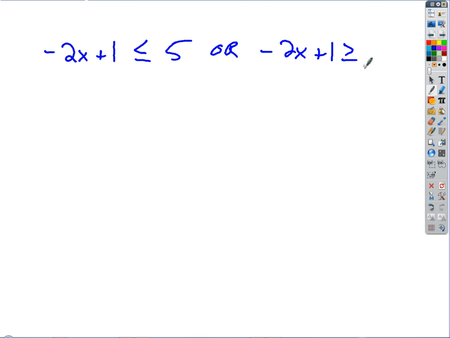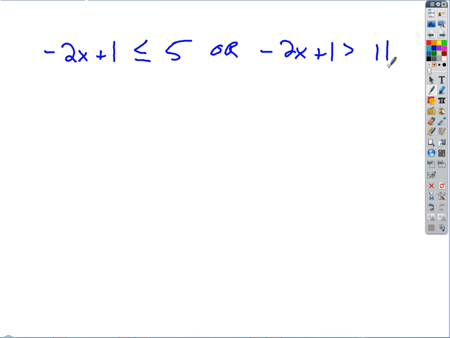How about if we have negative 2x plus 1 is less than or equal to 5, or negative 2x plus 1 is greater than, we'll just do greater than, 11.